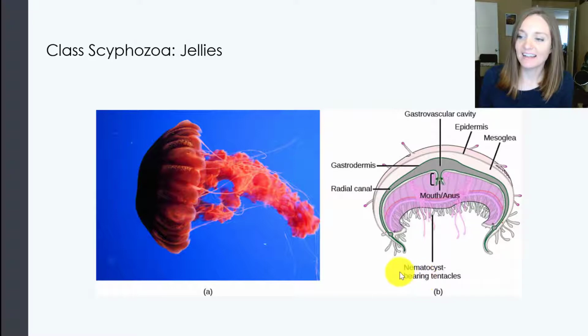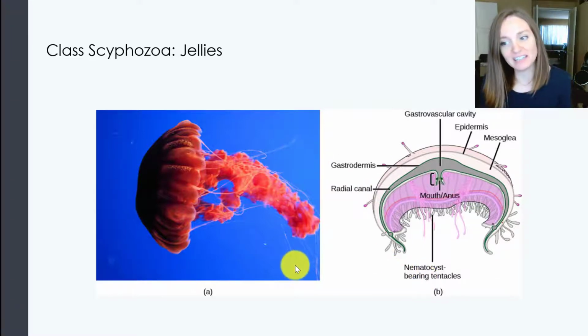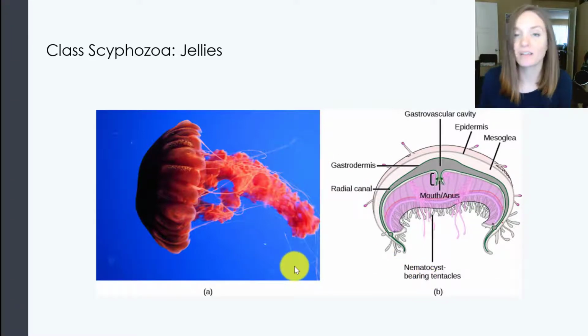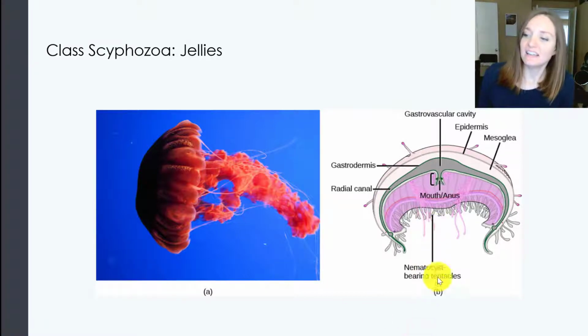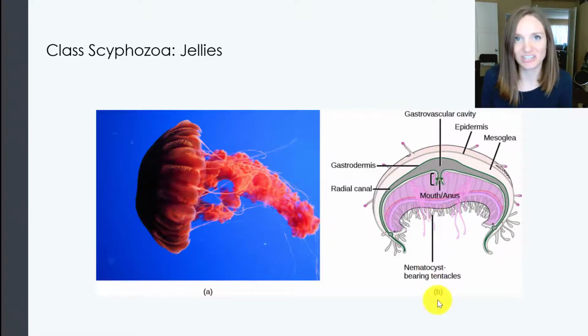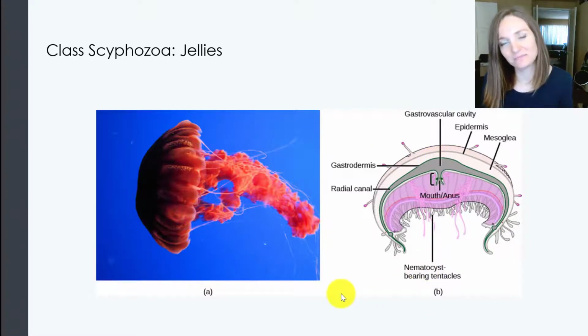Their tentacles are often laced with some sort of toxin or venom that's injected through those cnidocytes they have. Then they put their meal of fish or whatever they trap in their tentacles into their gastrovascular cavity and then digest it, and then it goes back out.